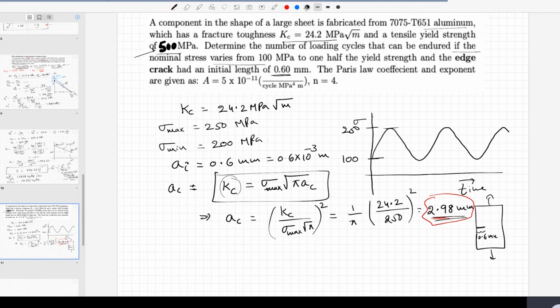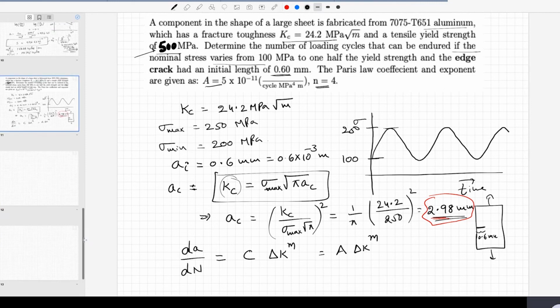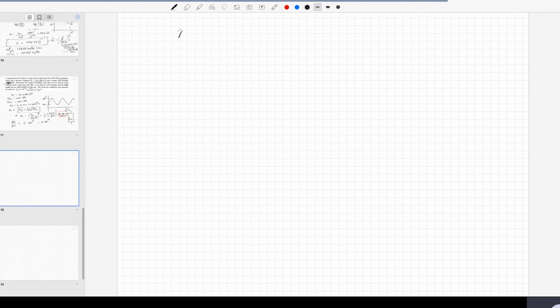Okay. So how do we calculate this? We know that crack growth rate by Paris law is given by dA by dN equal to, in the class we have used, C delta K power M. Here in this problem, this A is like C and M is like N. So you can write that as A delta K power M. Okay, so what is my delta K?